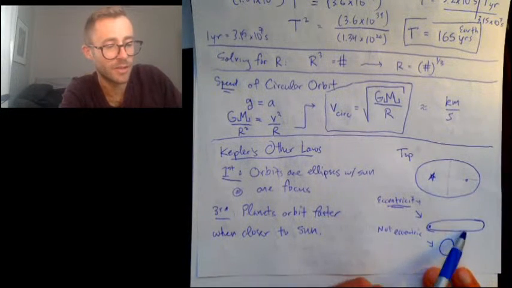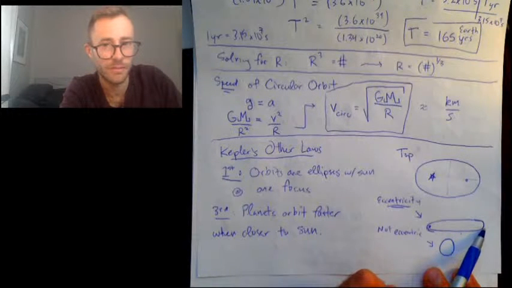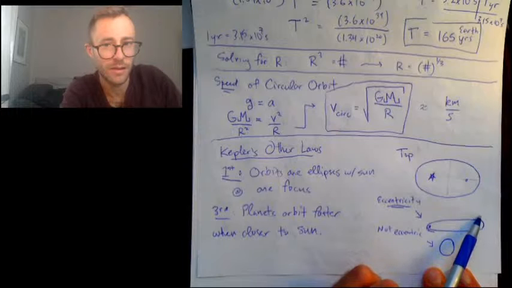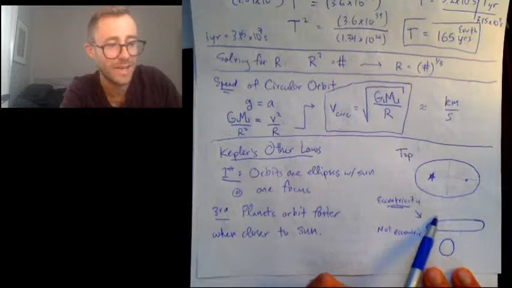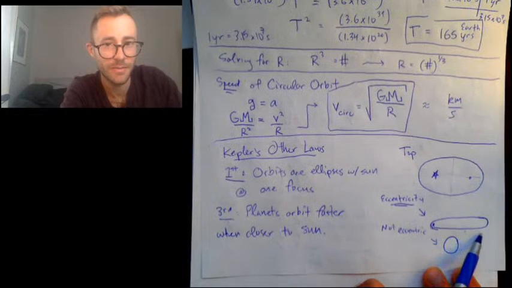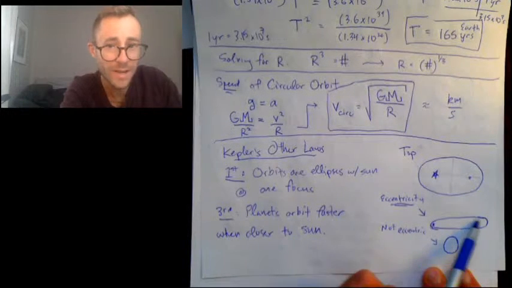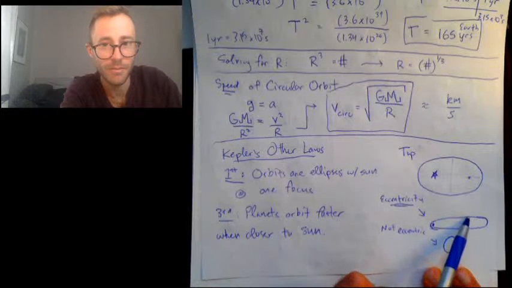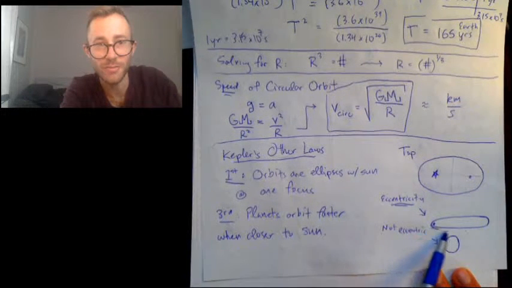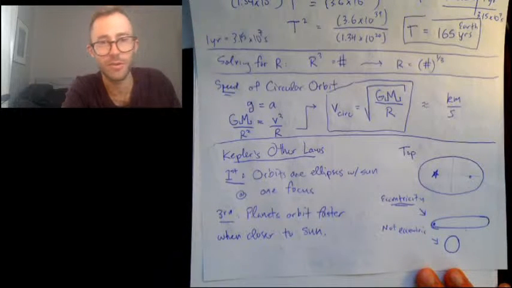So when a comet is out here far away from the sun, it's going very slowly. And then as it gets closer and closer to the sun, it starts to go faster and faster and goes whoosh, slow, whoosh, slow, whoosh, slow. All right? So that's what the third law says.